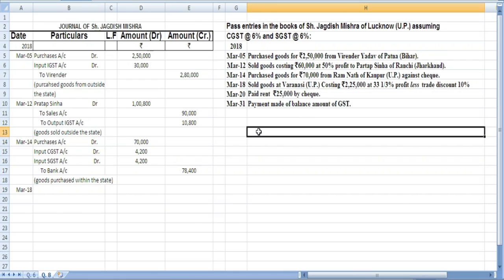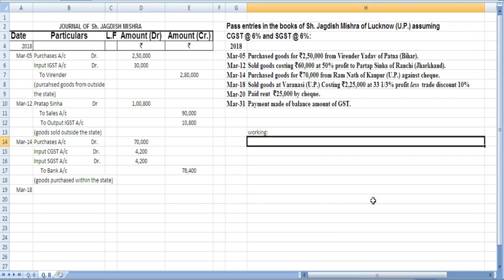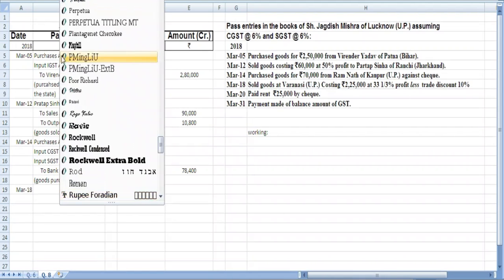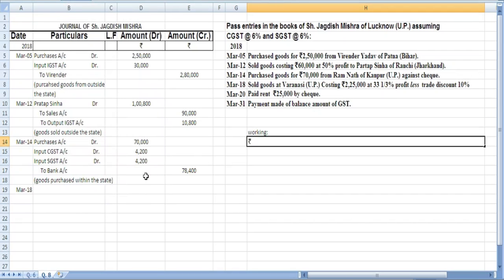Okay, so here we need to do some working. 2,25,000 into 1/3. We are not going to write 33 by 1/3.